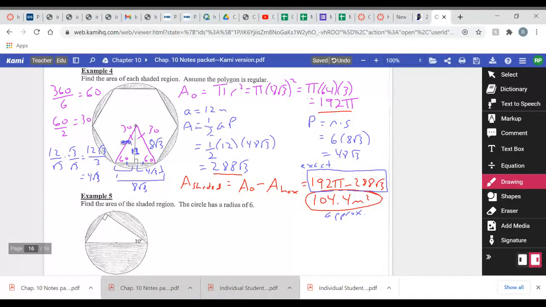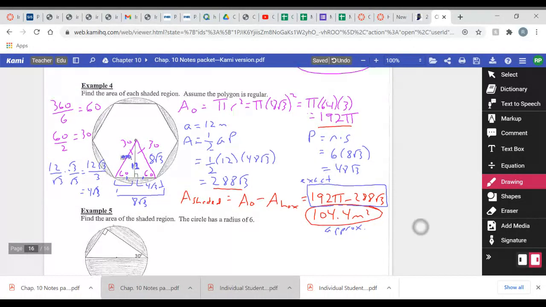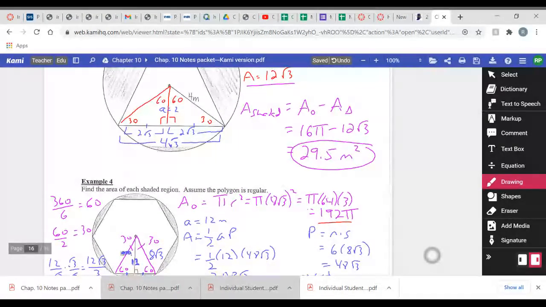On the last problem, my exact, on example 3 up above, would have been 16 pi minus 12 square root of 3, or my approximate would be 29.5. So I just forgot to, I guess I can go back, but yeah, this would be my exact because I haven't rounded anything, and then this would be my approximate to the nearest tenth.